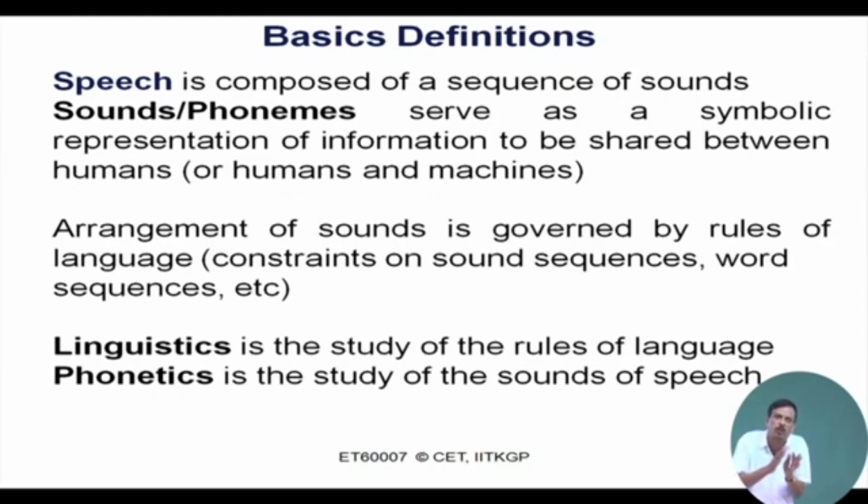Speech is a composition of different sounds. Sounds serve as a symbolic representation of the information I want to communicate. That information has to be symbolically represented so that it can be understood by the listeners.